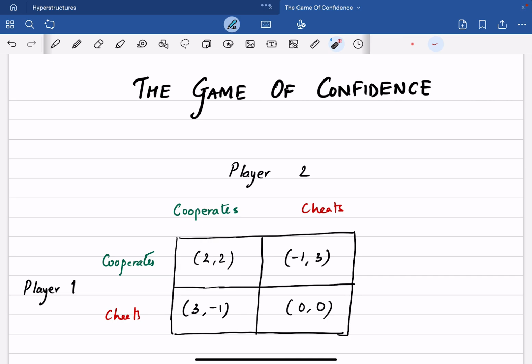And if I trust player two, if player two is my friend, perhaps, or if player two has a reputation of cooperating, then those would be reasons for me to then also cooperate. But if I lack that information, then I might want to cheat too because I don't want to take the risk.